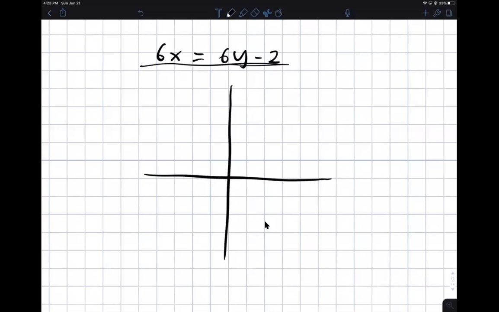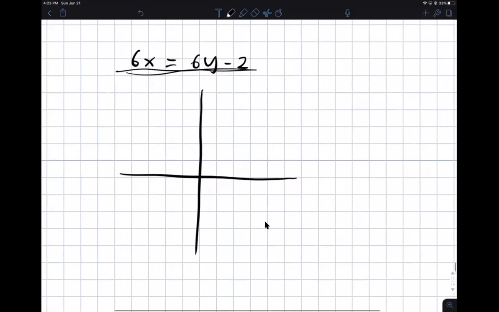For this one, you can already tell it's going to be a line, right? Yes, it just has one x and one y, so it's going to be a line. I think it's just like some positive line. It doesn't really matter what it looks like. All you know is that it's a line. So if it's linear, do you think it's a function?